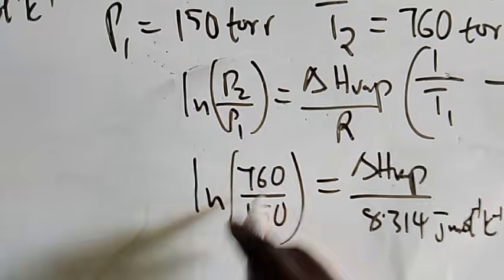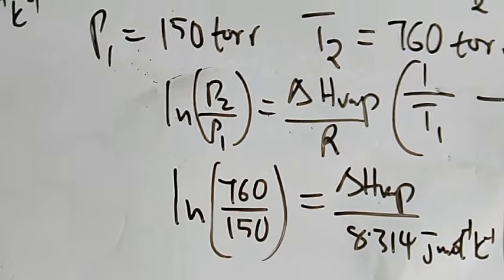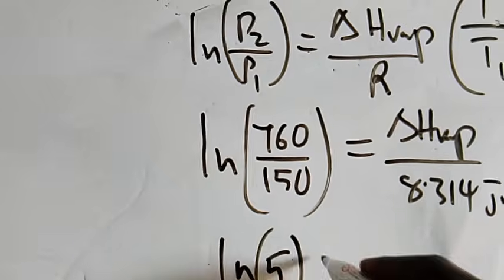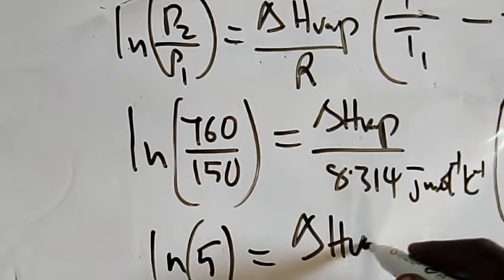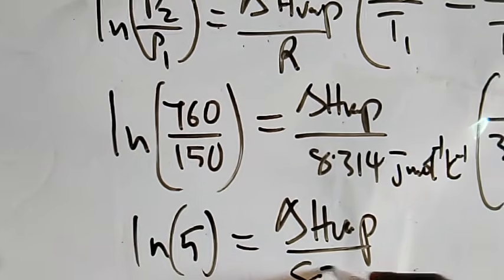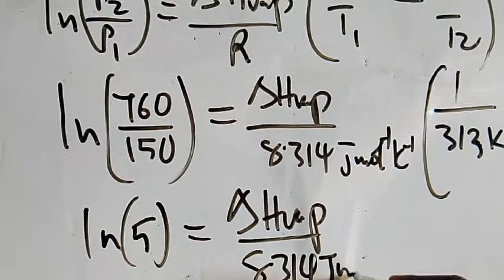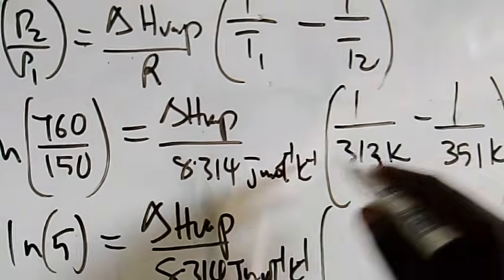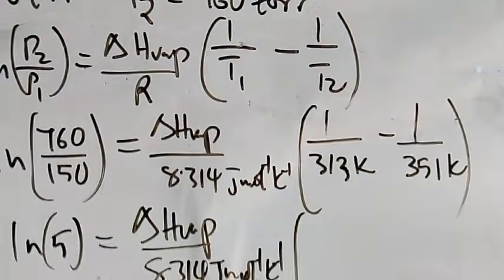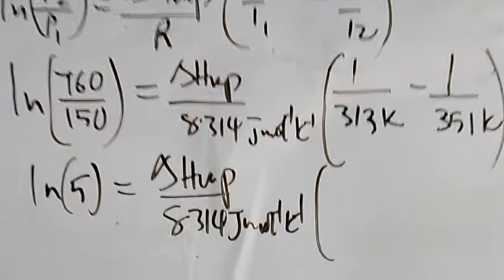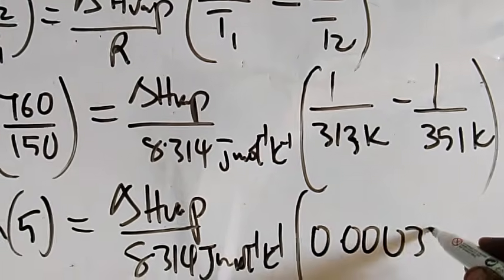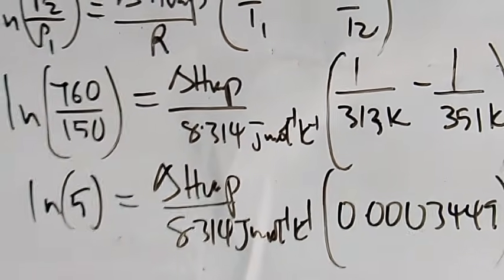You can also divide on this side, and when you divide you are going to have ln 5. So delta H over R, in joules per mole per Kelvin, times 1 over this minus 1 over this, and when you subtract you get 0.000034449.